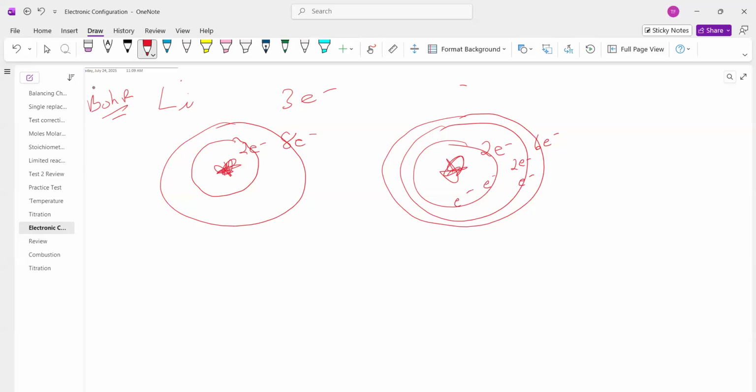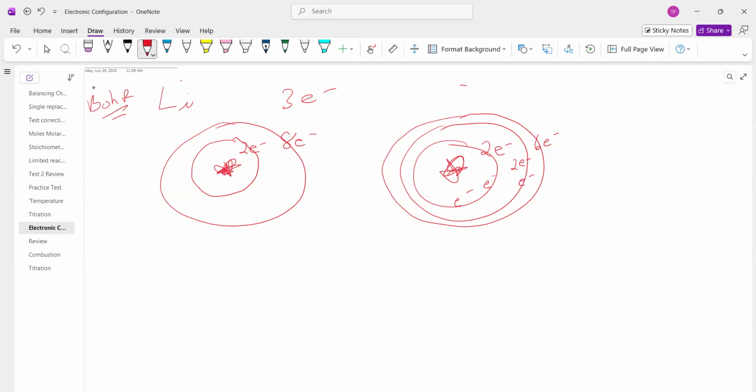Okay, so if we jump down to uranium, how many electrons does uranium have? Look at the very bottom, U. 92 electrons. So that's a lot of circles. So we're not going to use that way of assigning electrons now.